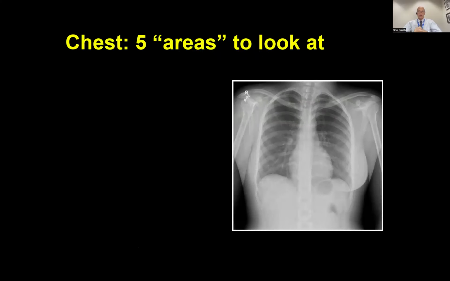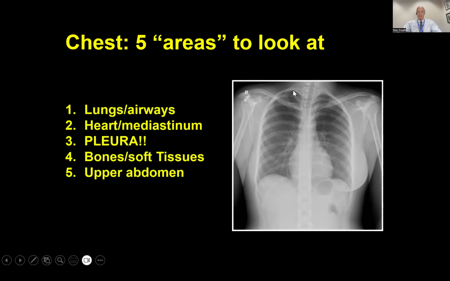So with the chest X-ray, which I've illustrated here, there are 5 areas that one needs to look at to be sure that you have a comprehensive evaluation. Some of the things are obvious and some of the things are more subtle. So what are those 5 areas? Well, they're basically the lungs and the airways, things that are filled with air, right?